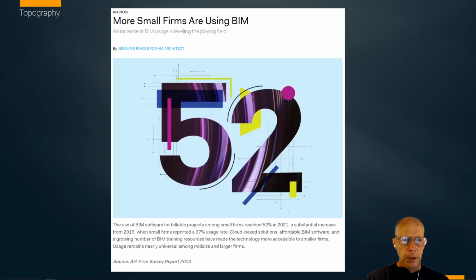So I'll finish up by talking about a recent article that I saw. I'll finish up this part of the clip before we go into some specifics on topography. Many firms are starting to adopt BIM. This is just a reinforcement of that. From 2019 to 2021, which is almost becoming old news now, 52% of small firms are using BIM modeling systems like Revit.